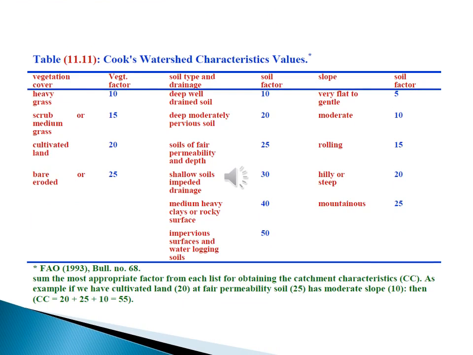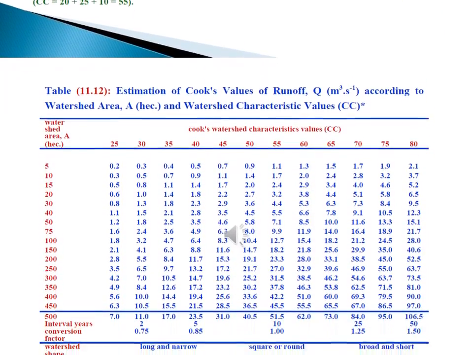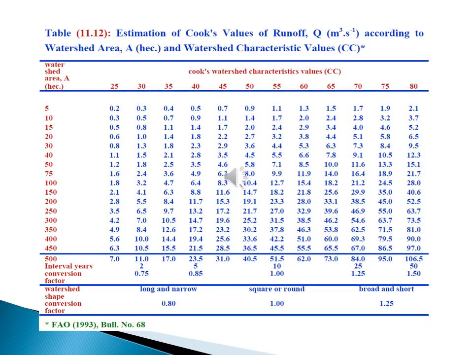Table showing Koch's watershed characteristic values. Moreover, table showing the estimation of Koch's values of runoff according to watershed area and watershed characteristic values.